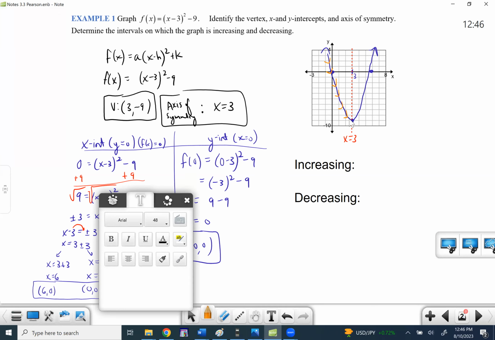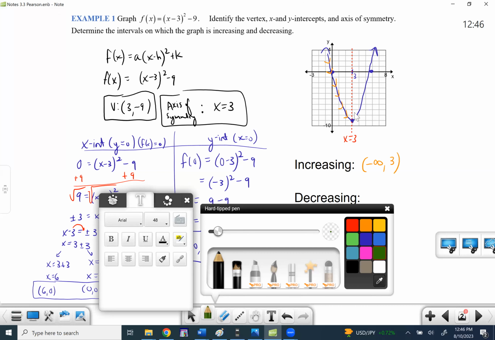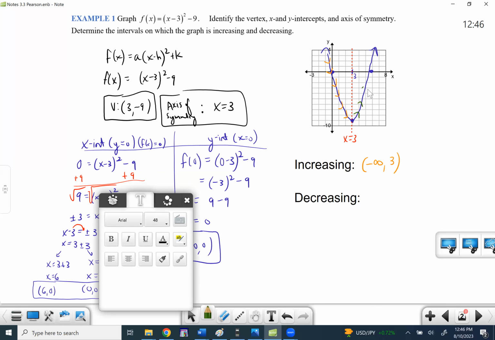Now remember to give x values, not y values here. We're decreasing from negative infinity all the way up till x equals 3. This line 3 right here where this axis of symmetry is, that's going to be where it changes, because now on the other side of that, from left to right, we are going uphill, we are increasing. So that would be from 3 to infinity.